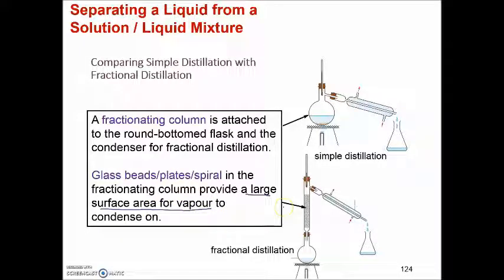Now this allows the vapor to condense a lot more quickly, so it's able to separate liquids with different boiling points. So the fraction with the lower boiling point will be collected first, and another fraction or part of the mixture, the higher boiling point, will be collected later.